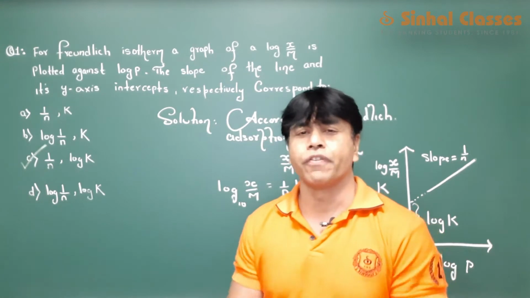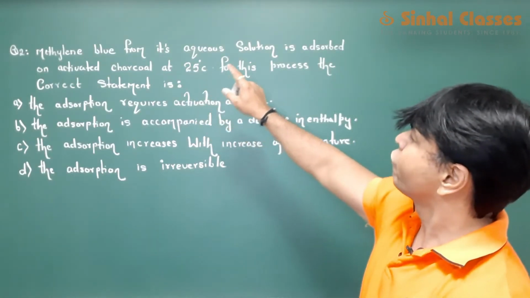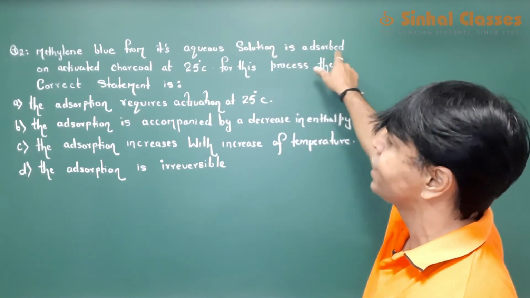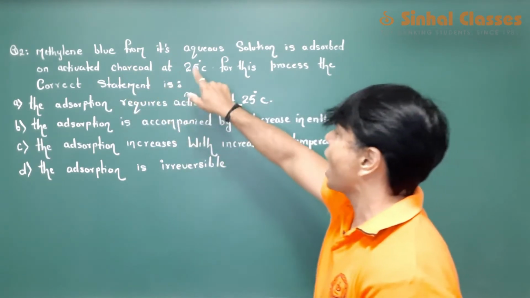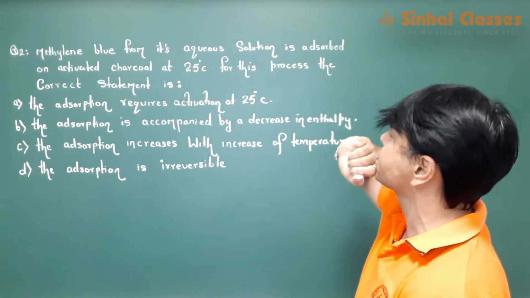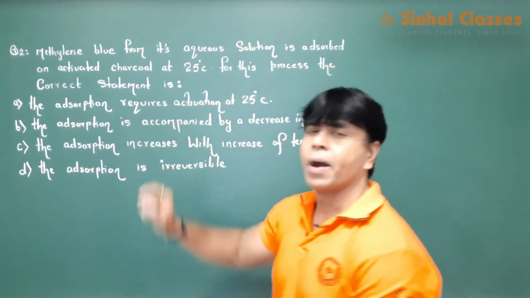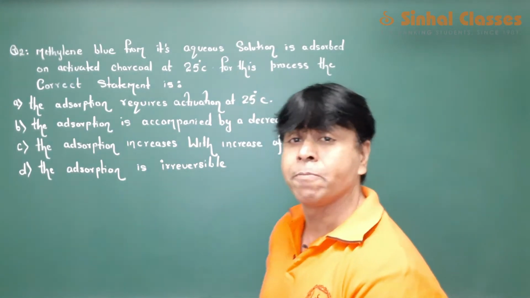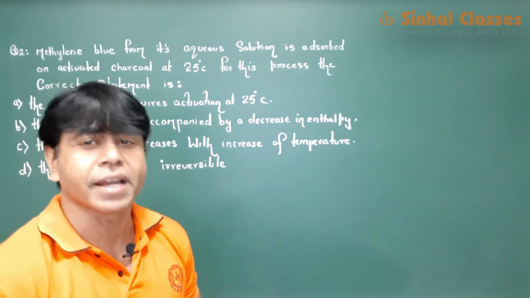Okay, let's go for the next question now. Methylene blue from its aqueous solution is adsorbed on the activated charcoal at 25 degrees Celsius. For this process, the correct statement among the four is. So let's take one by one all the statements and verify which statement is correct.